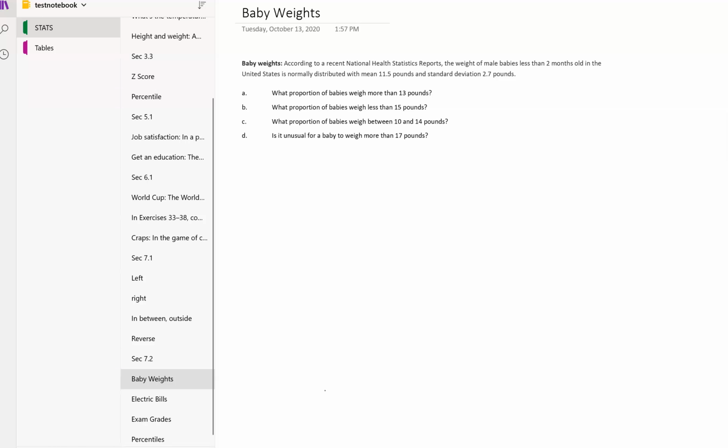Baby weights. According to a recent National Health Statistics report, the weight of a male baby less than 2 months old in the United States is normally distributed with a mean of 11.5 and standard deviation 2.7. What proportion are going to weigh more than 13?